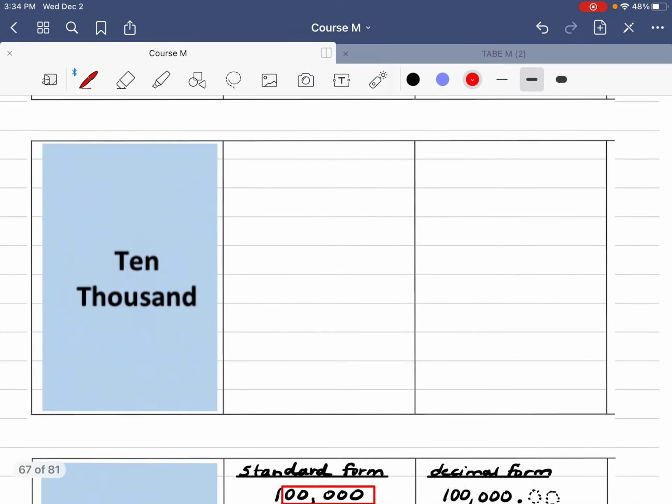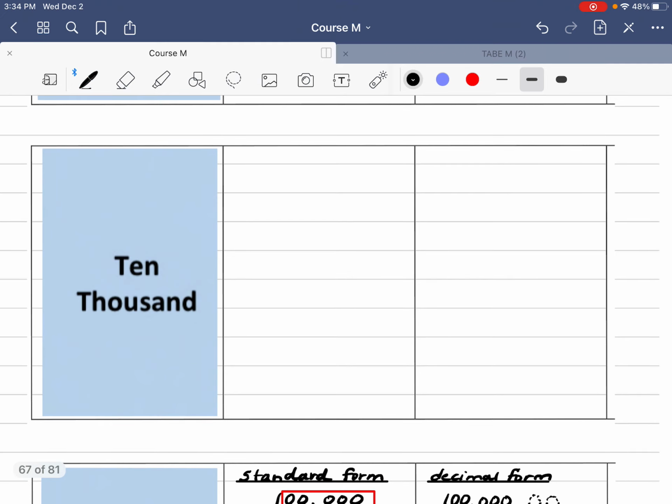All right, let's look at the 10,000s place. So standard form. When I was learning these, I knew if I could get standard form, I was home free. I could get any of them if I could see standard. It's 10,000.